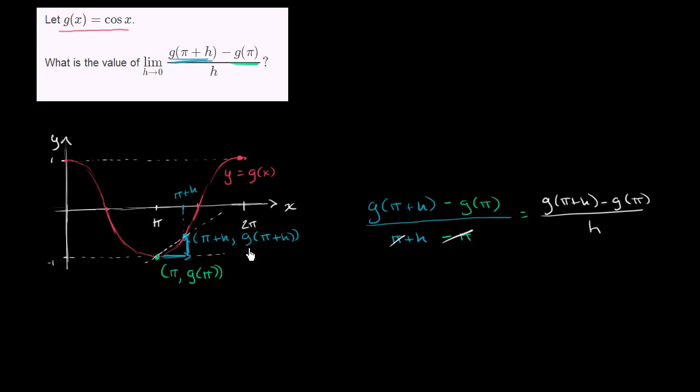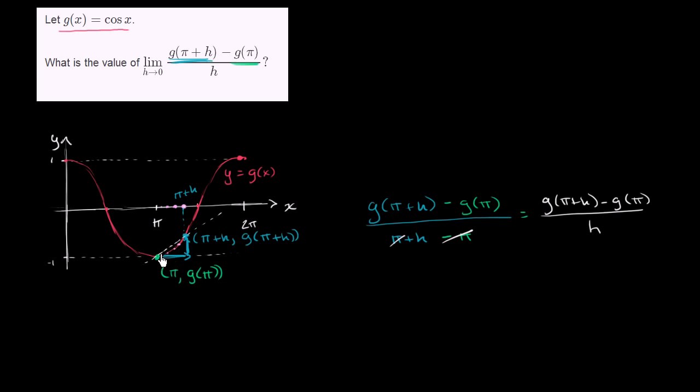Now let's think about what is going to happen as h gets closer and closer to 0. The way I've drawn it, this point is going to go further and further to the left. So pi plus h, as h approaches 0, is going to approach pi. If we assumed h was a negative value, then we would be approaching from the other side. But what is going to happen as h becomes smaller and smaller? The point pi plus h, g of pi plus h, is going to get closer and closer to this point.